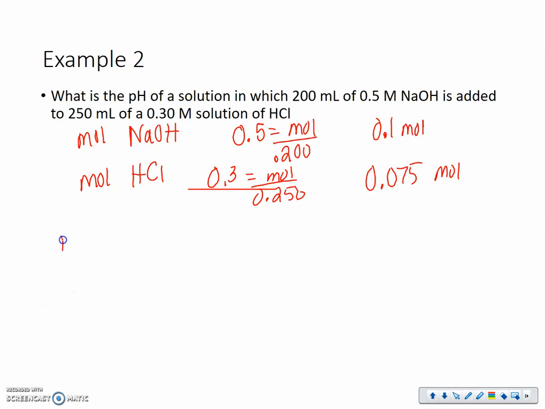In this case, we have more NaOH, right? So we can react 0.075 of each and get rid of all the HCl.